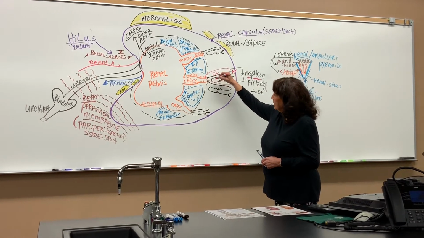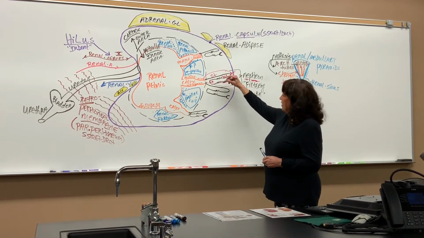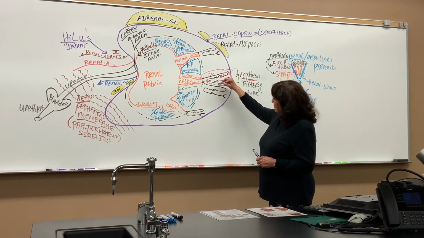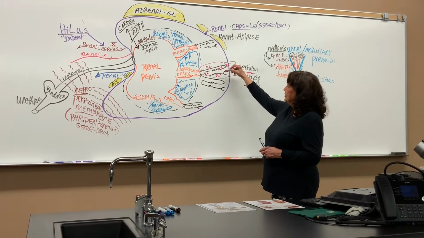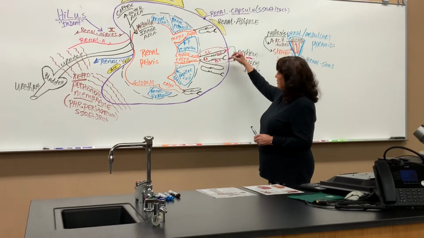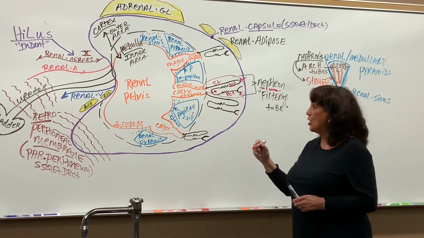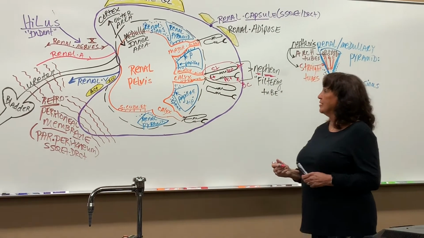And then right here is the LH, loop of Henle tube. And then the one coming up here is called the PCT, proximal convoluted tubule. And this thing that looks like a U, like a funnel right here, is called Bowman's capsule, the BC, right there.